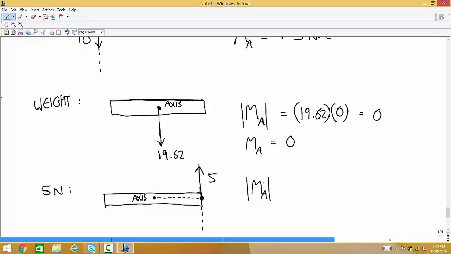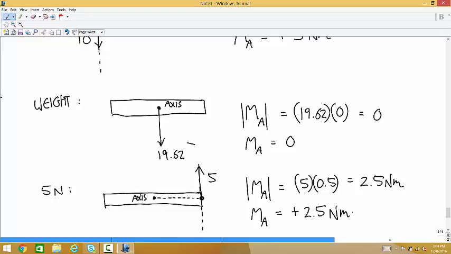So the absolute value of the moment is equal to 5 times, what's the distance between the axis and that point? 0.5. So you get an absolute value of 2.5 Newton meters. And then would that force, if this is what it rotates around, would applying a force here make it rotate counterclockwise or clockwise? Counter. And so that moment is positive again. So MA is equal to positive 2.5 Newton meters.